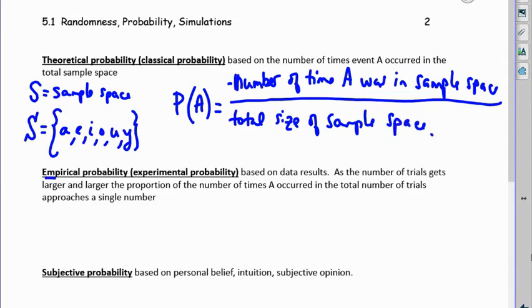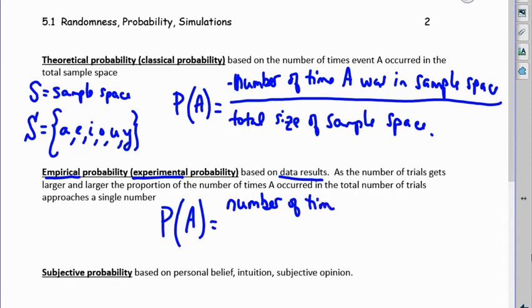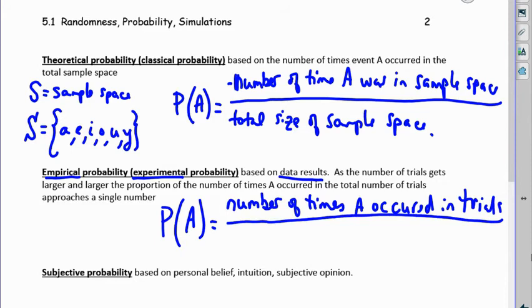Then we have our empirical, also known as experimental, probability. This is based on data. So the probability of A is going to be the number of times A occurred in the trials over the total number of trials.